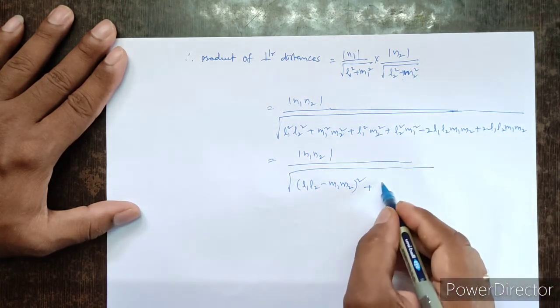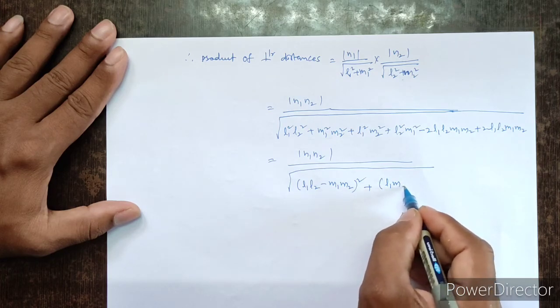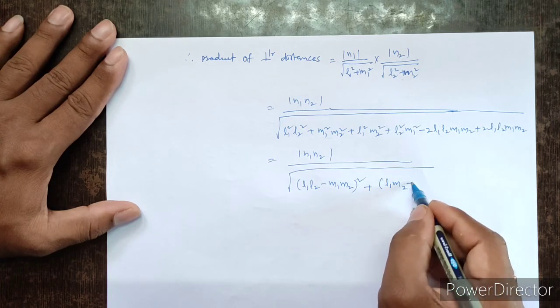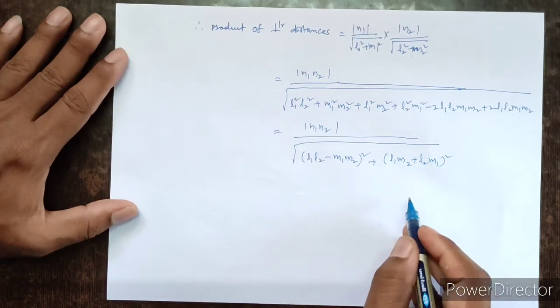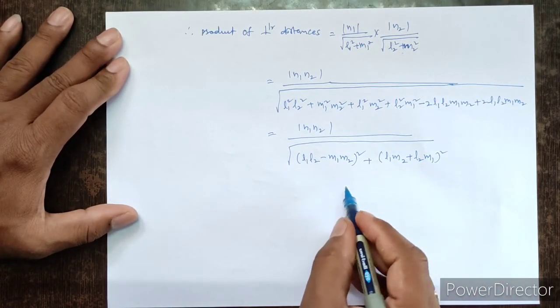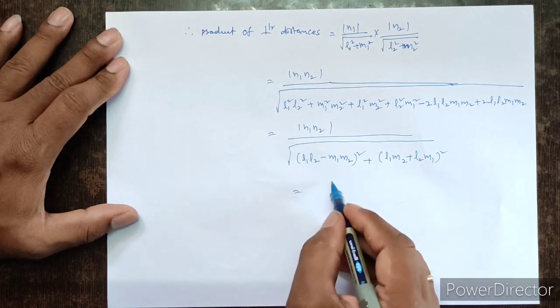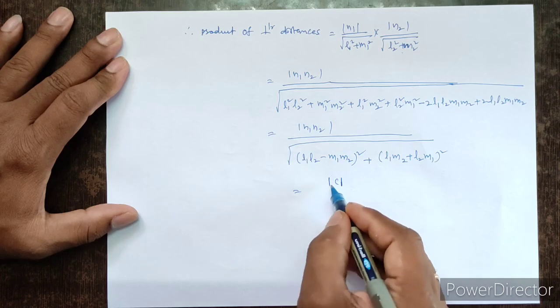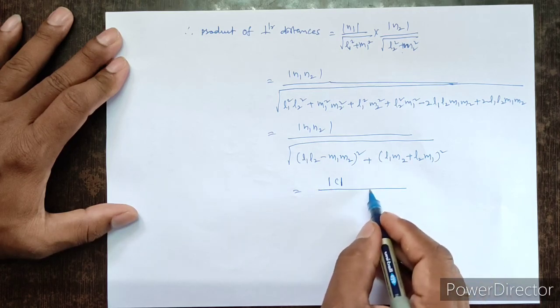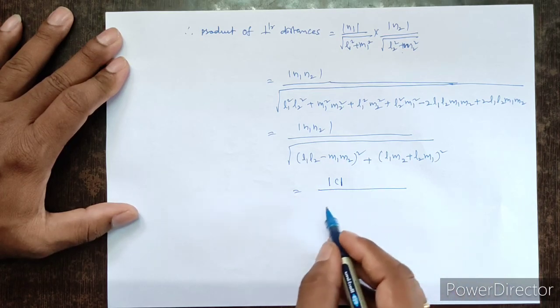So modulus N1 N2 is nothing but C, according to the values.